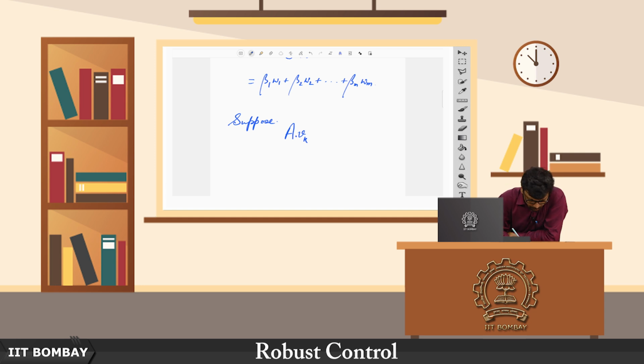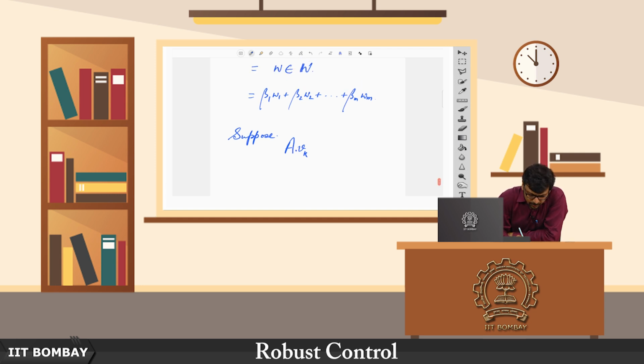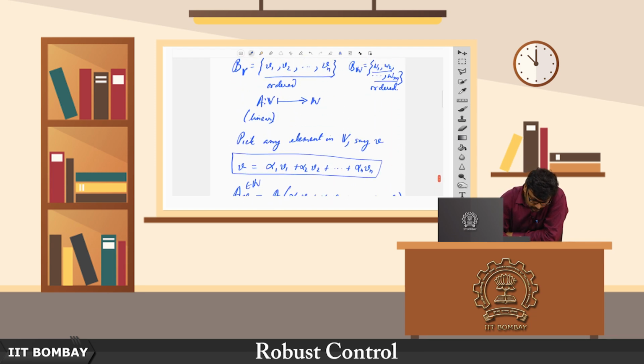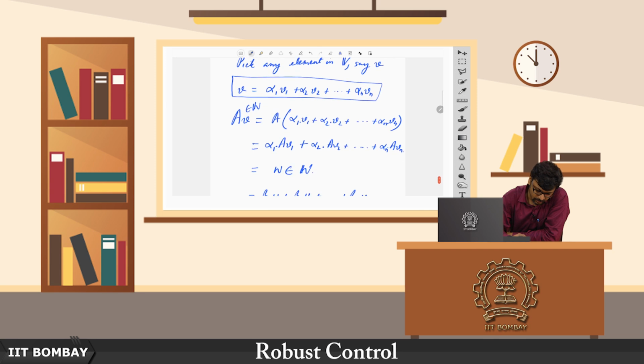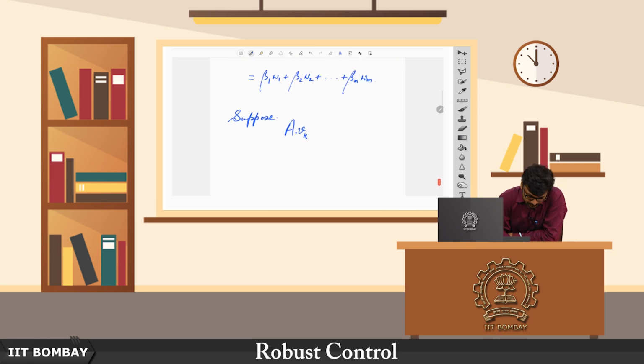Now suppose I know that every time you allow this linear map A to act on the kth element of the basis set in V, that is BV, this is what it does to it. Now if it's a linear map, what can it at most do? Remember that this is some element in W, so it has a representation in W. What can it do to the element Vk from this basis set when it acts on it?